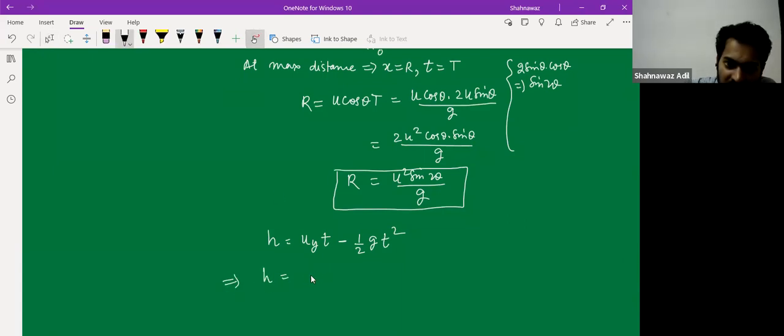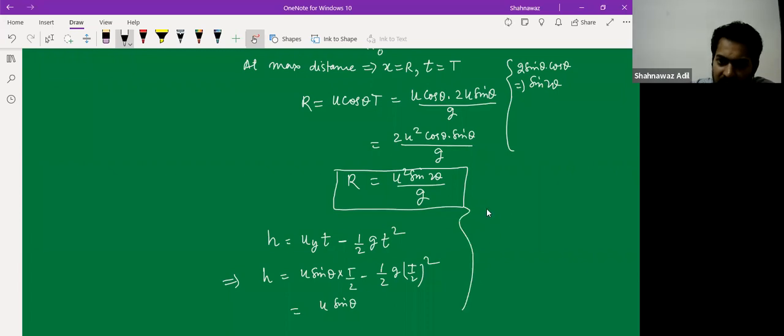So this is what? H is, uy is what? U sine theta, and this is what? T by 2 minus half g t by 2 square, right? So this is u sine theta.